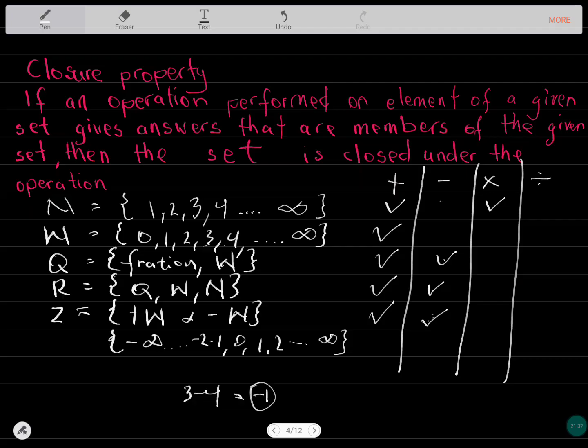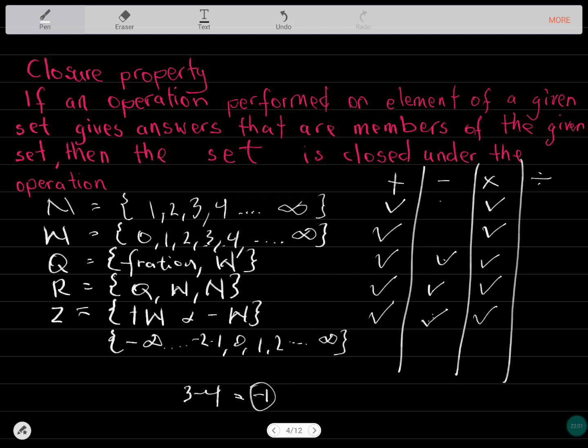If we pick whole numbers, any two whole numbers, when multiplied, would give us an answer that is also a whole number. The same would go for rational numbers, real numbers, and integers.